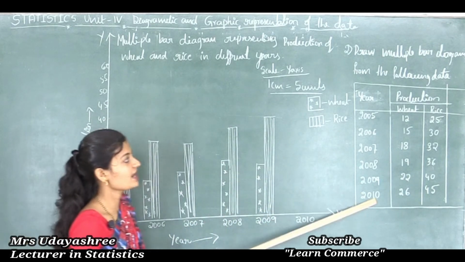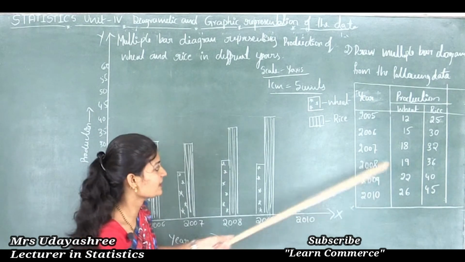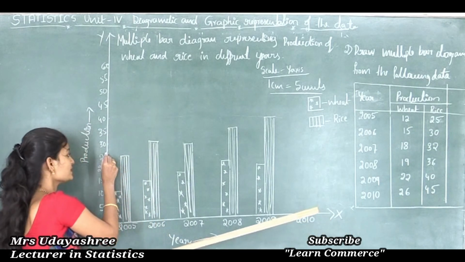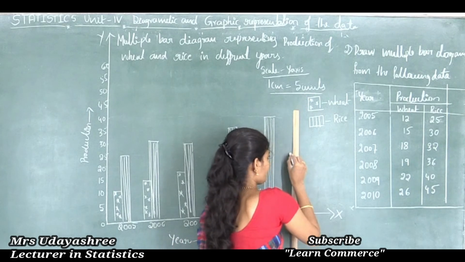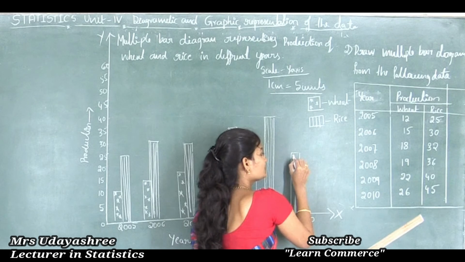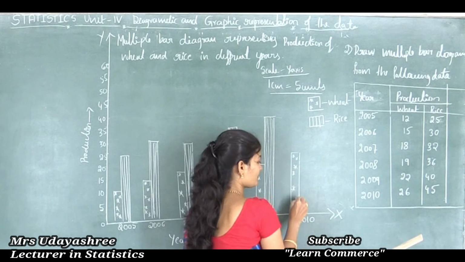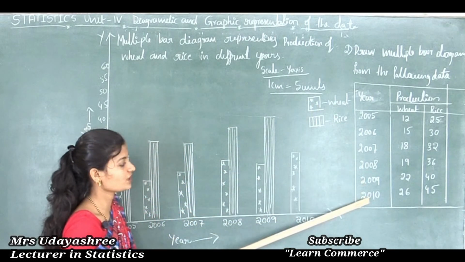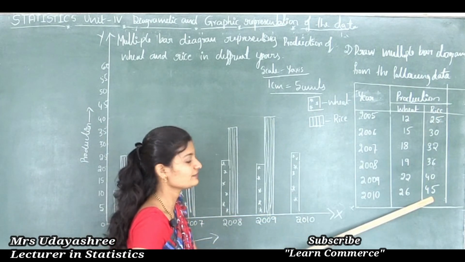Next, the last year is 2010. In the year 2010, the production of wheat was 26 ton. So 25 is here, 26 comes here. We need to draw one bar, and this bar is for wheat, so we shade like this. This bar indicates production of wheat in the year 2010. Next, in the year 2010, the production of rice was 45 tons.